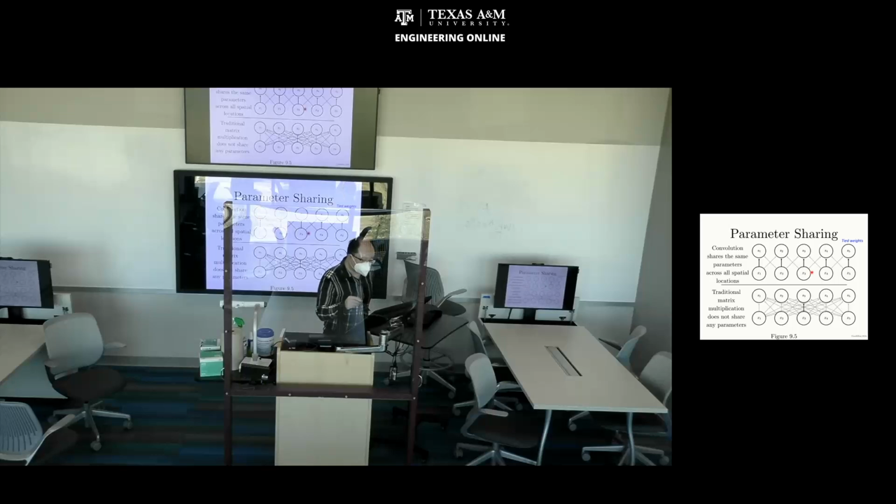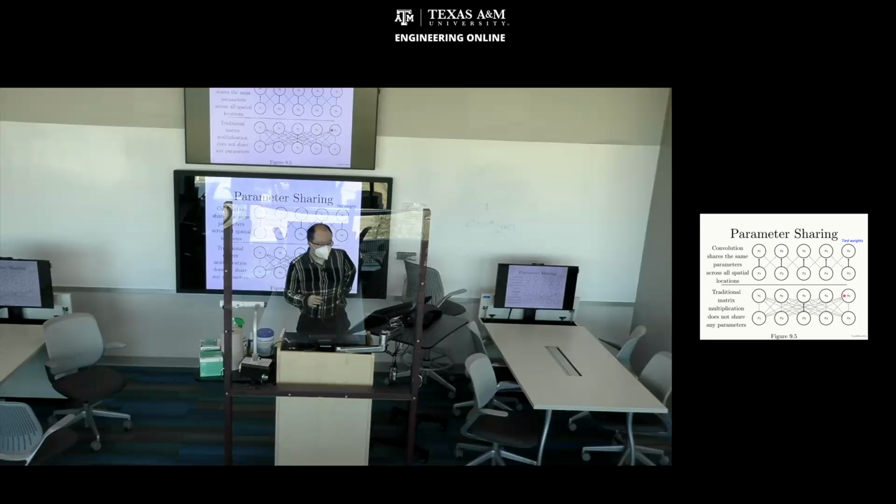If you look at this illustration, in the case of the MLP, this parameter, which is x3 to s3, is different from x2 to s2, because you have all these fully connections, which are elements of a big matrix, which is 5 by 5.